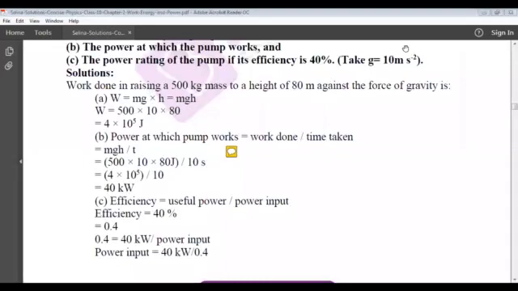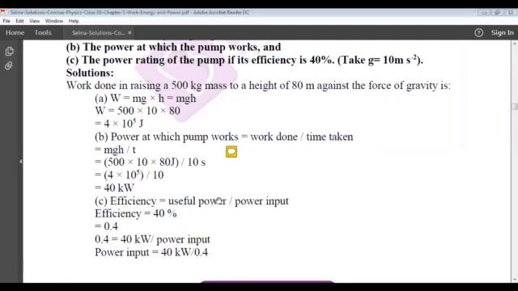Okay, now we need to find efficiency of the machine. So the formula for efficiency is useful power divided by power input. So the efficiency given is 40%. 40% is nothing but 40 divided by 100. So therefore it is 0.4. So substitute in this formula 0.4.